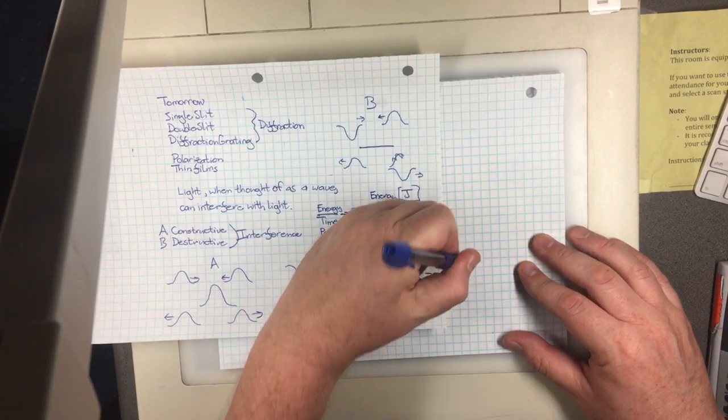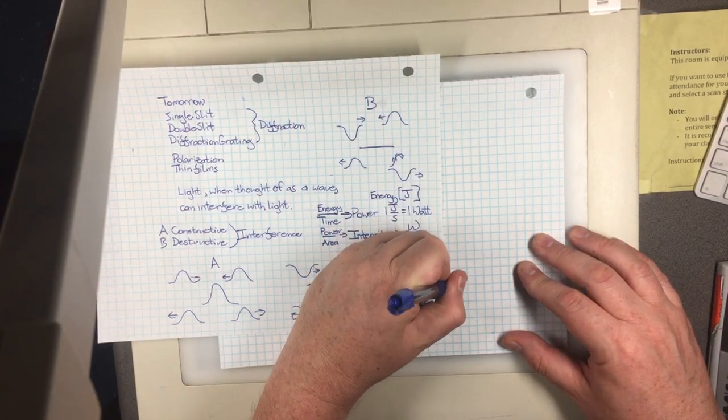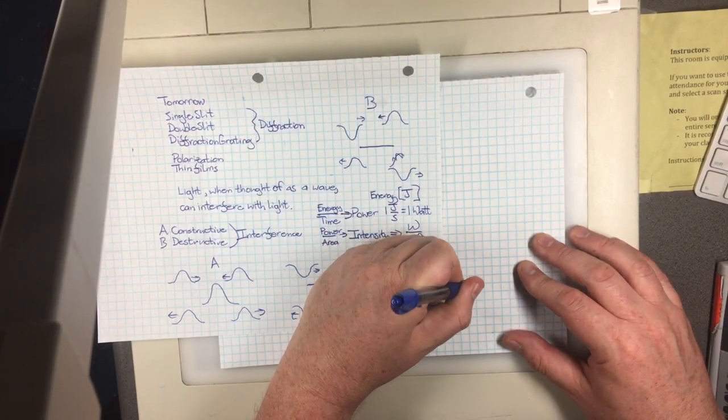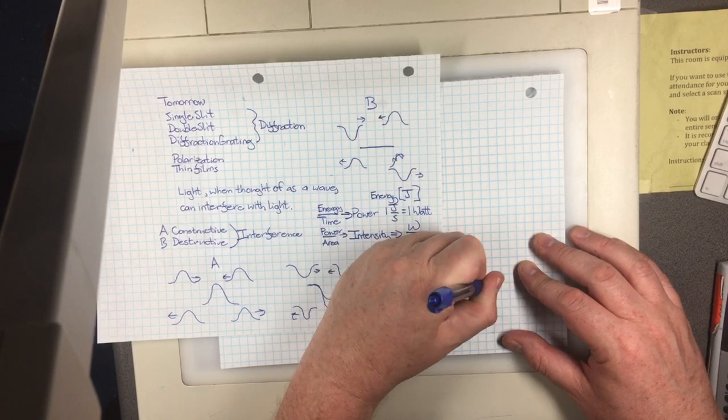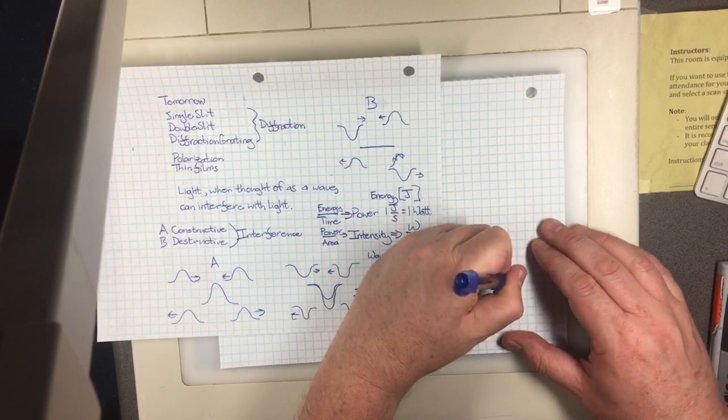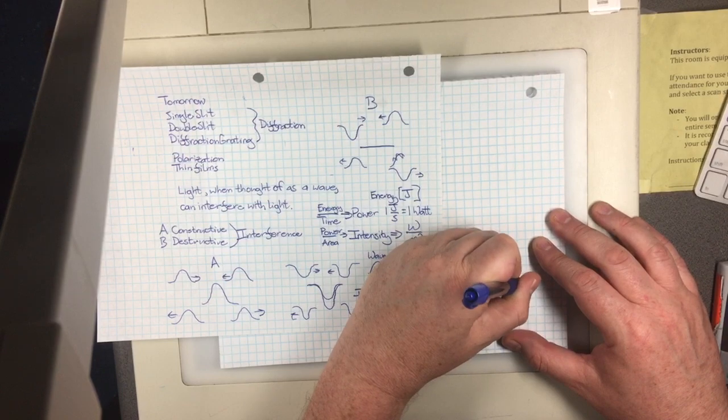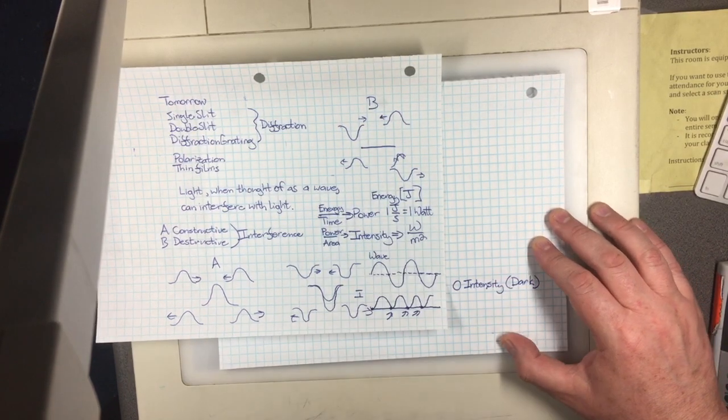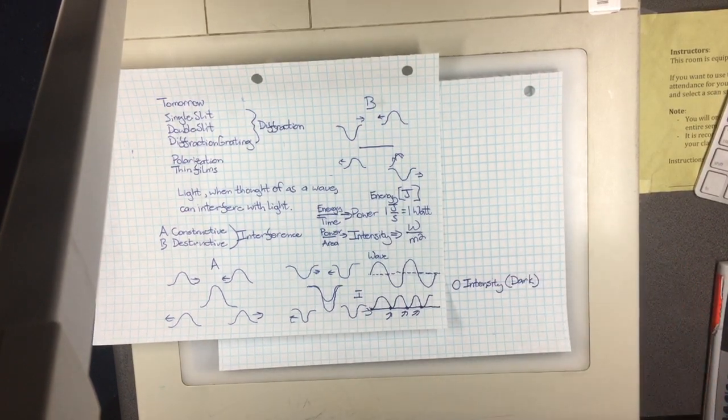Where the intensity is, so zero intensity, this is the last words, is where it's dark. Where there is no energy, there is no intensity. If there is no intensity, we interpret that as a dark spot.